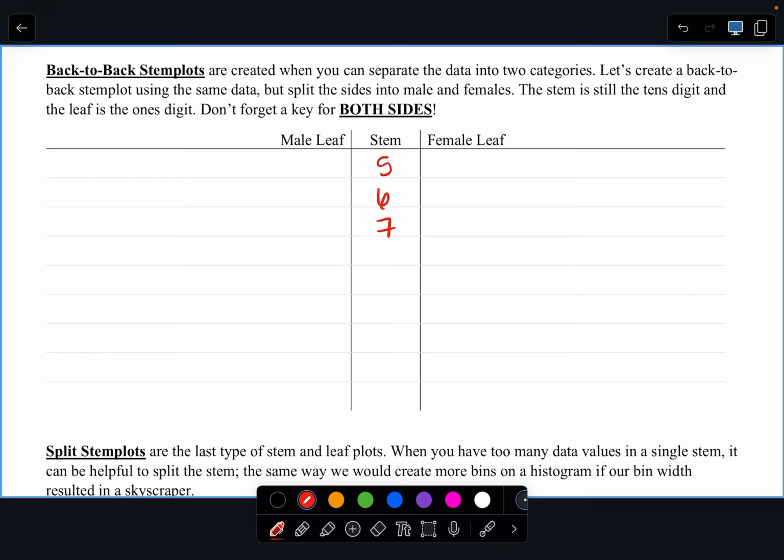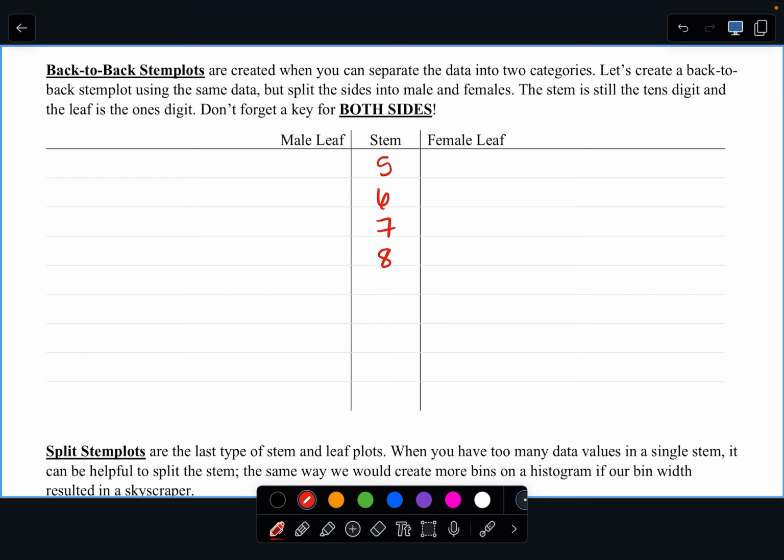You're always going to use the same stems because we have the same set of data. If I were to sort everyone by if they have dark eyes or light eyes, that may not necessarily have an effect on your pulse. So make sure that the variable you're selecting actually is relevant to the information.